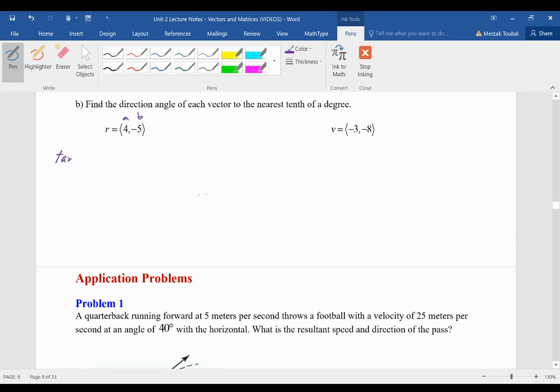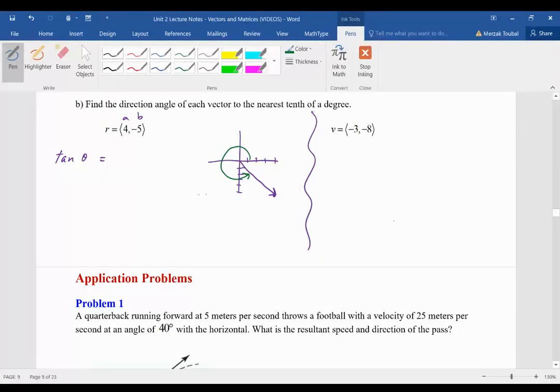So tangent of some angle theta is the opposite, because let's make a figure for this. 4, 1, 2, 3, 4. That's the x component. The y component is -5. 1, 2, 3, 4, 5. So it will be somewhere here. This is the vector. So the angle we're looking for is this one. Got to be the positive angle.